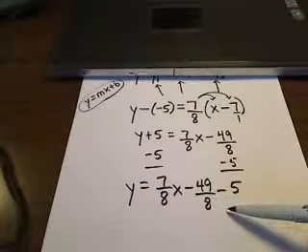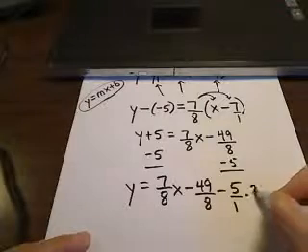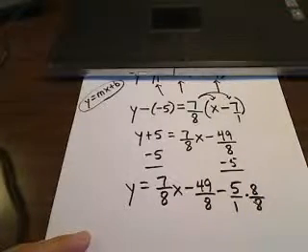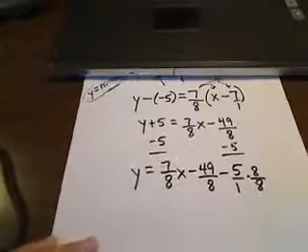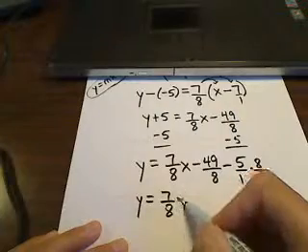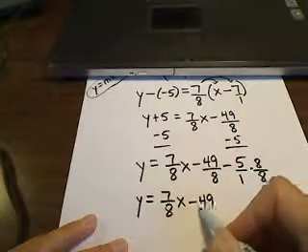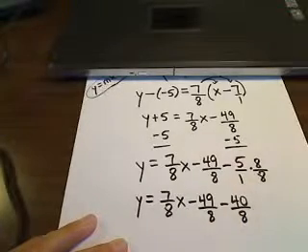The common denominator is going to be an 8, because this one has a denominator of 1. So I'm going to multiply this by 8 over 8 in order to get it to have the same denominator as this one. So this would become y equals 7/8 x minus the 49 over 8, and then minus 40 over 8.